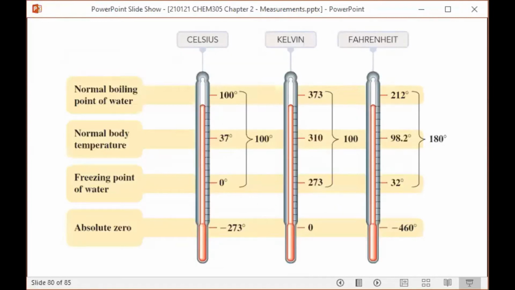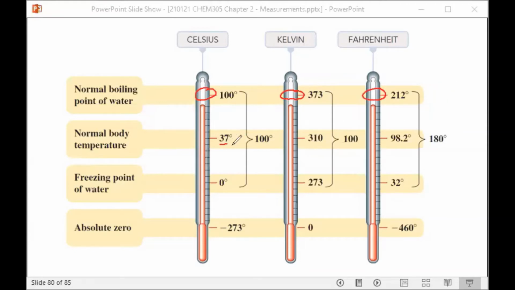So this shows all 3 temperature scales and how they compare. On the Celsius scale, the boiling point of water is 100 degrees, up here. On the Kelvin scale, the boiling point of water is 373. And on the Fahrenheit scale, the boiling point of water is 212.